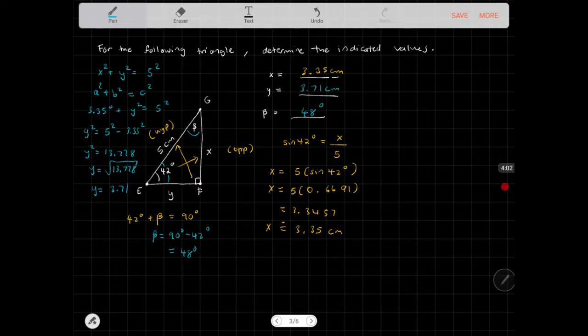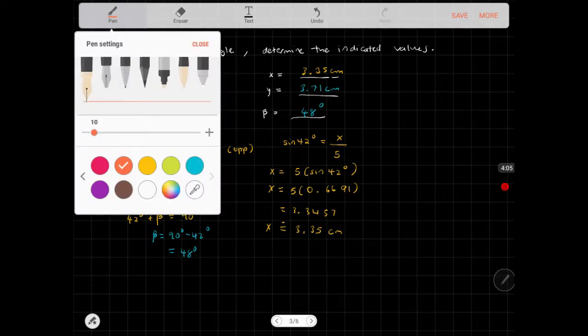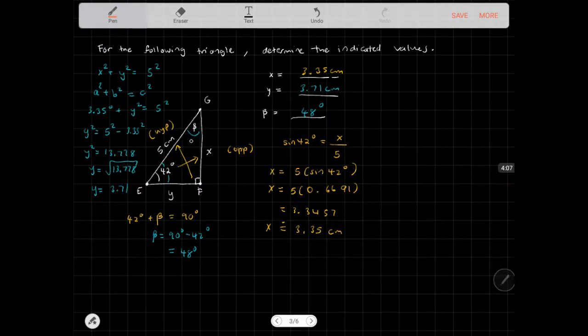I'm going to show you that you're going to get the same answer by evaluating it using the trig ratios. Let's use beta just to show you that you can do this multiple different ways, right? And so one of the beauties of math is that you don't have to do it a set way. You can approach problems in multiple different ways. Now, if I use beta here, and we know beta is 48 degrees, this becomes my reference angle, and y becomes the opposite side, right? So I'm just going to use sine 48 degrees, which is beta, is equal to the opposite side, y, over the hypotenuse 5.